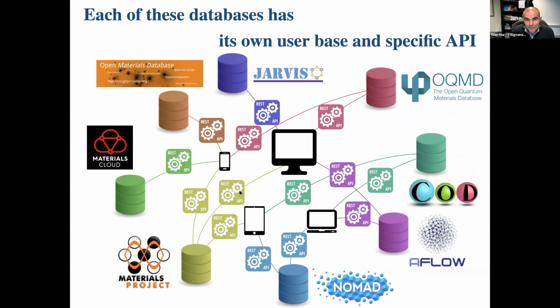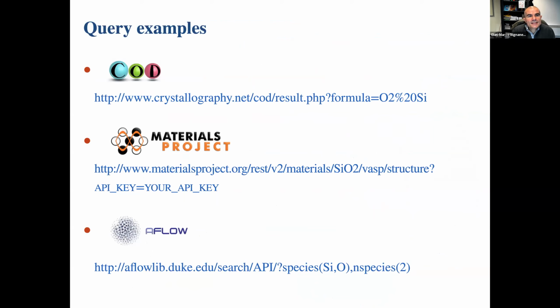And just to give you an example, if you take COD, the Materials Project, AFLOW, and you want to search for a simple material such as SiO2, the way in which you have to write the query is very different from one database to another. You see that here it's formula, and then you have to specify the formula. Here you have to define that before querying structure. Here it's still a different way of querying things.